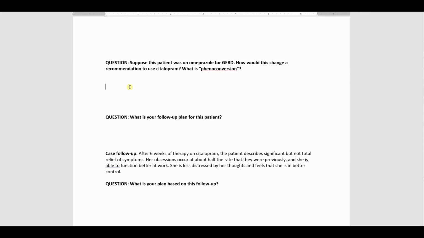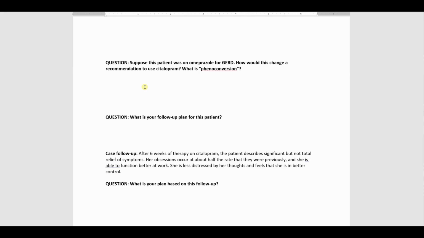So now we've arrived at this question. Suppose this patient was on an omeprazole for GERD. How would this change the recommendation to use citalopram? What is phenoconversion? So first you need to ask, well, why is Dr. B asking about omeprazole, and what does that have to do with citalopram?